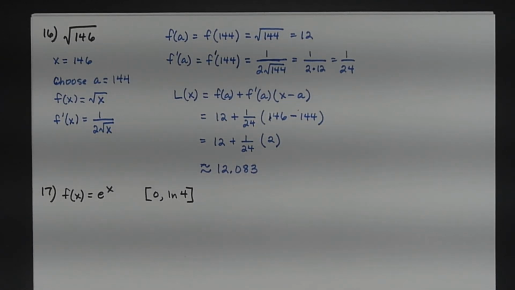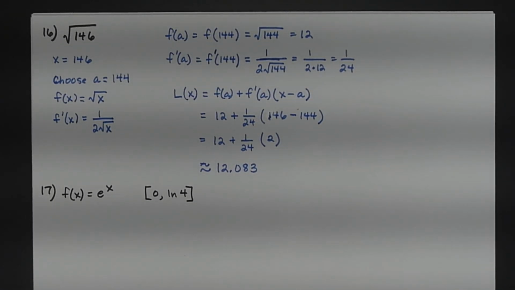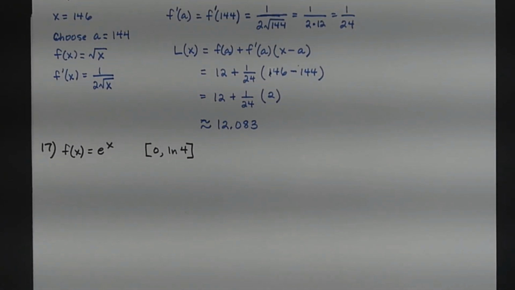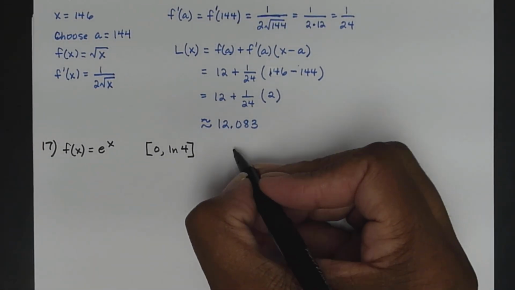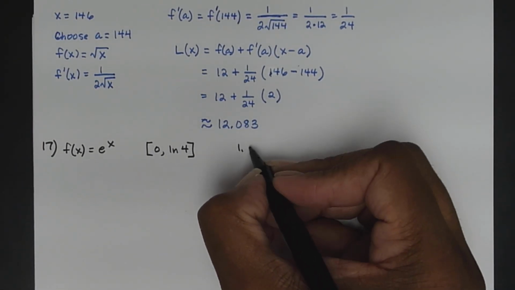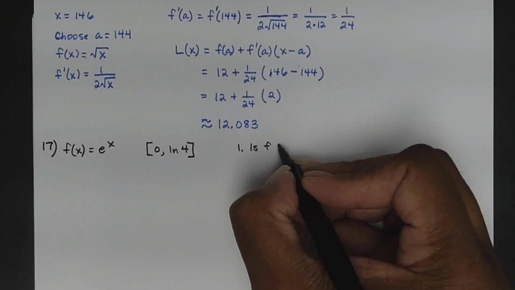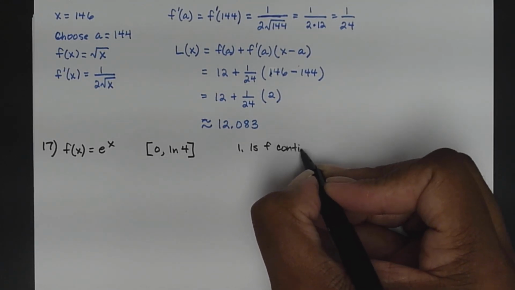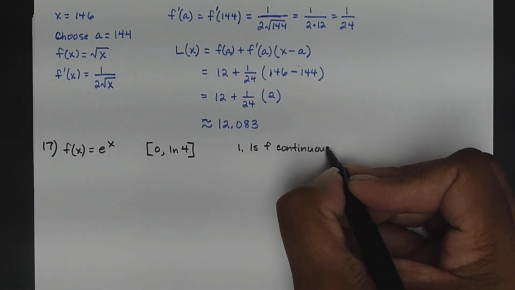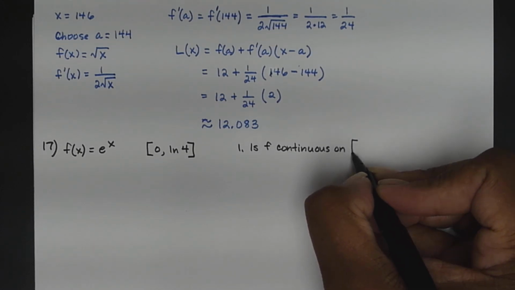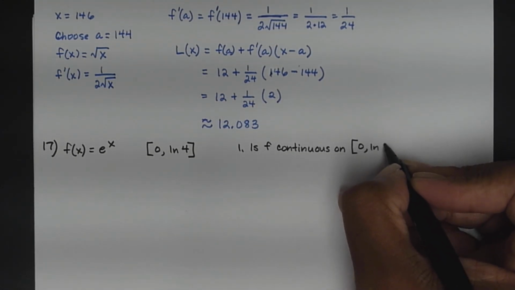Now, there are two things we need to ask ourselves to determine if the mean value theorem applies. One, is this function f continuous on the given interval 0, ln of 4?